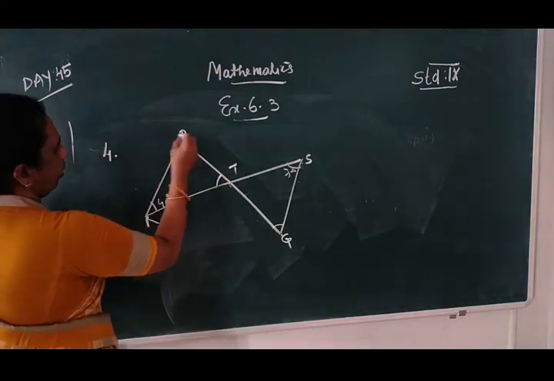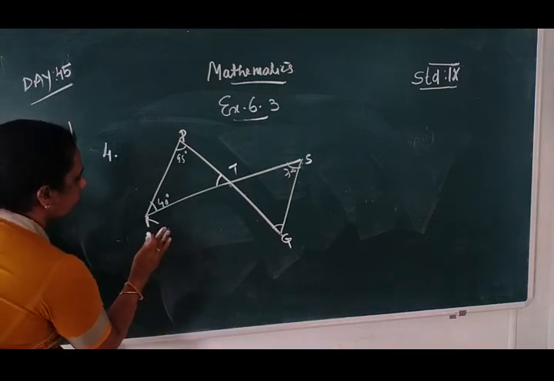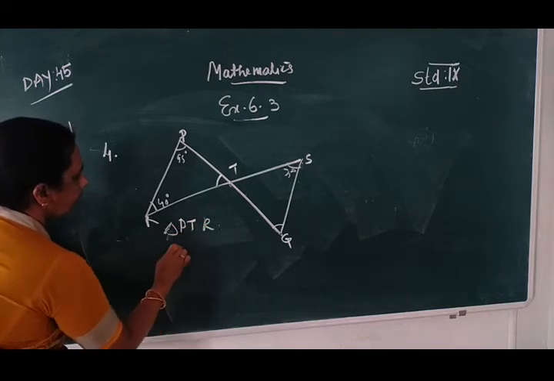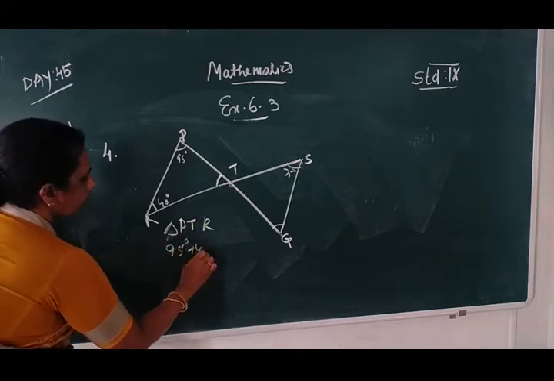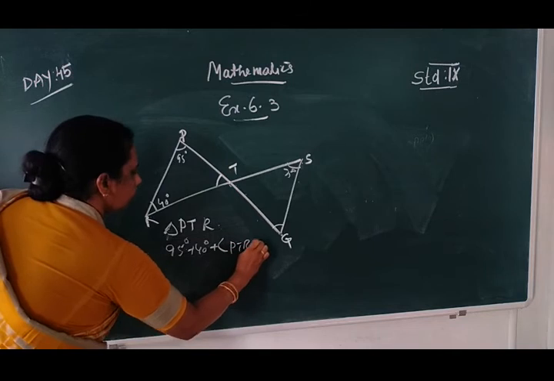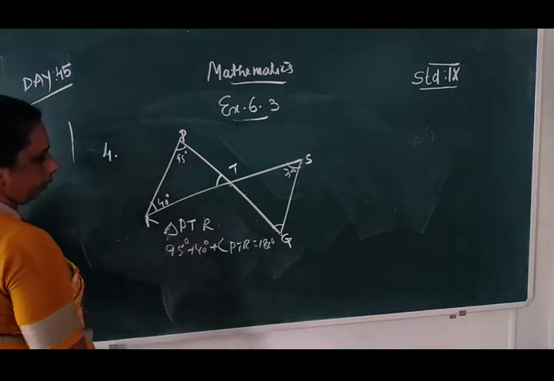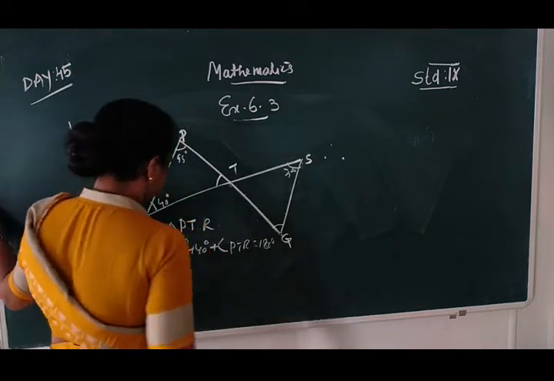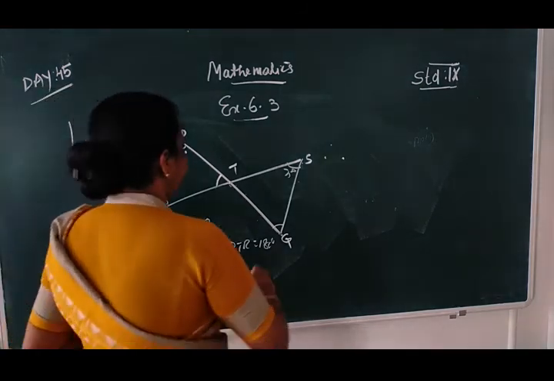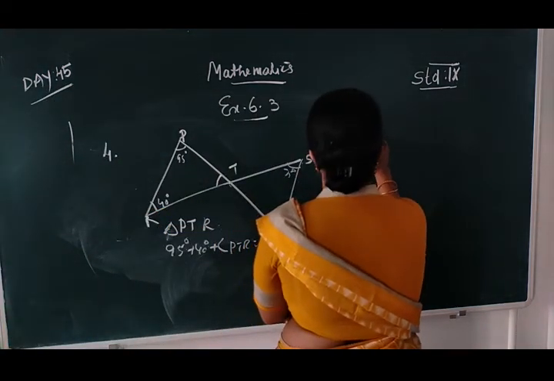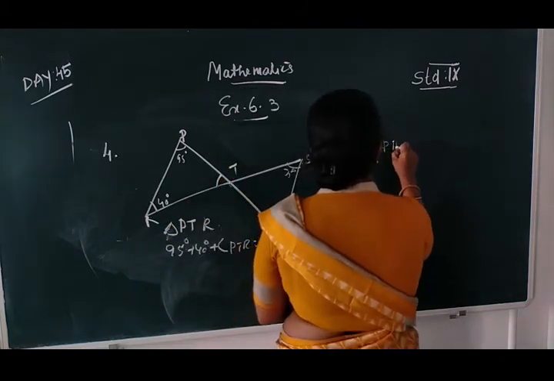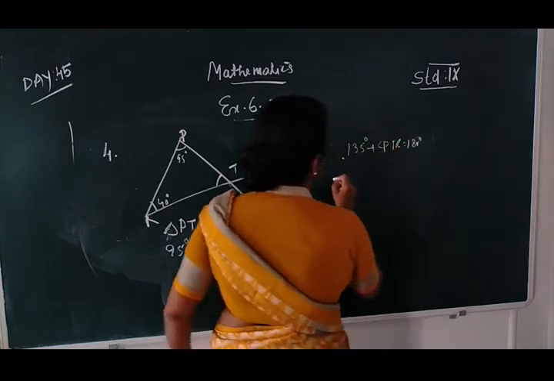Consider triangle PTR: 95 degrees plus 40 degrees plus angle PTR is equal to 180 degrees. 95 plus 40 is 135 degrees, so 135 degrees plus angle PTR is equal to 180 degrees.